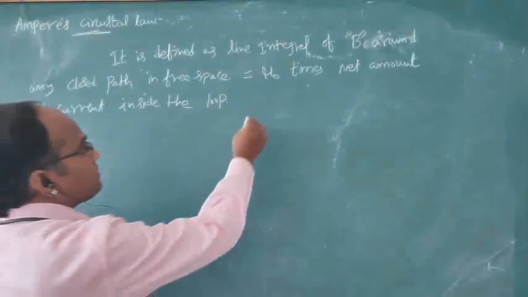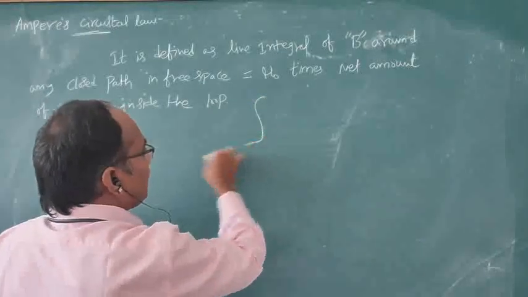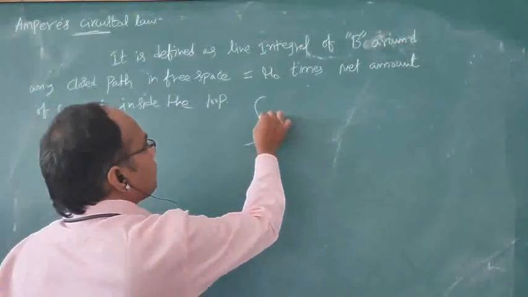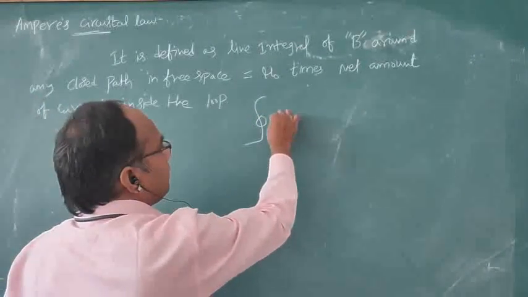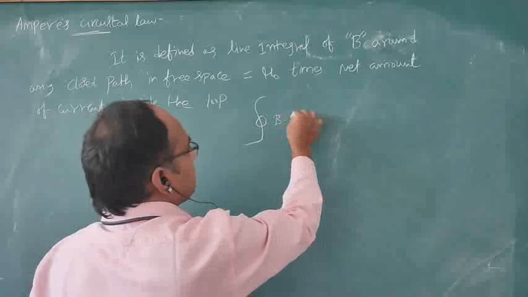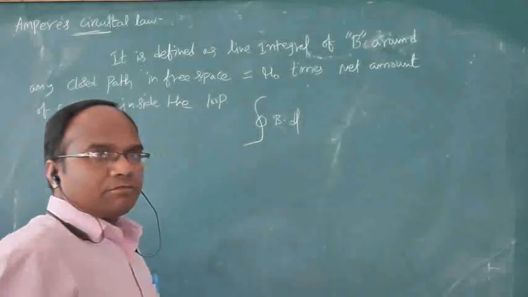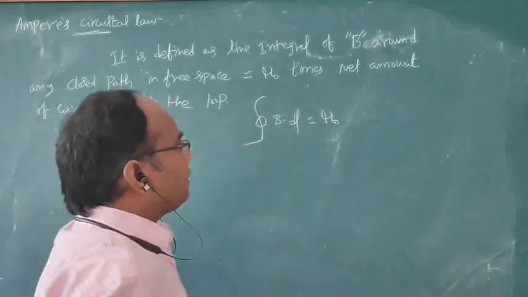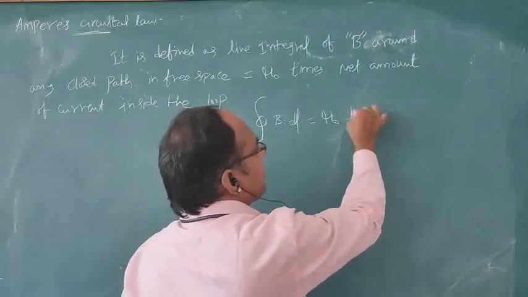So what is the meaning of this? It means the line integral of the magnetic field around the closed path, B dot dl, is equal to mu naught times the current inside the circular loop.